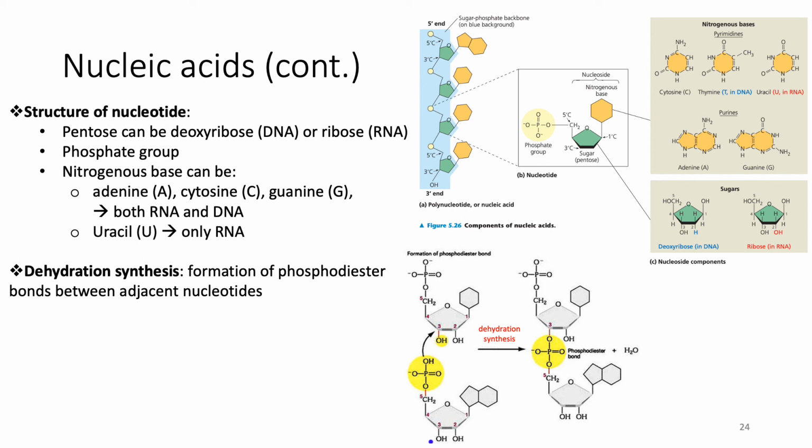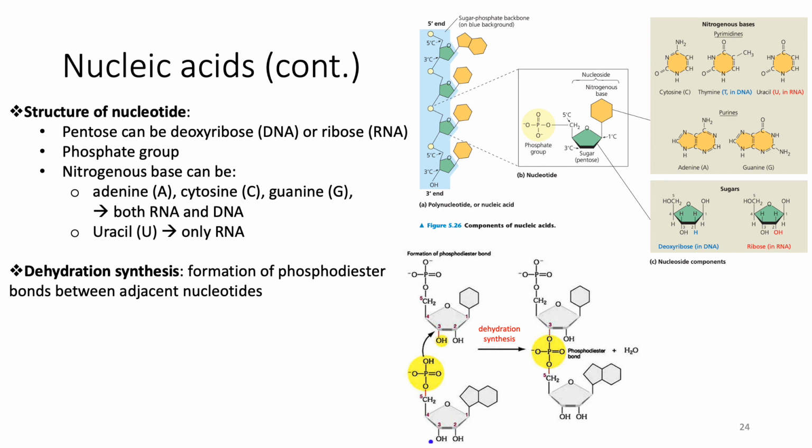Well, now let's add the sugar to which the nitrogenous base is attached. In DNA, the sugar is deoxyribose. In RNA, it is ribose. The only difference between these two sugars is that deoxyribose lacks an oxygen atom on the second carbon in the ring, hence the name deoxyribose.